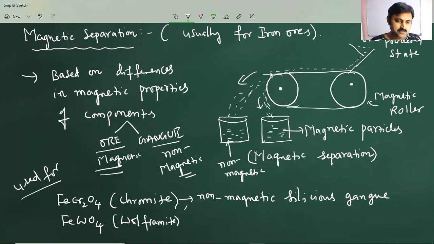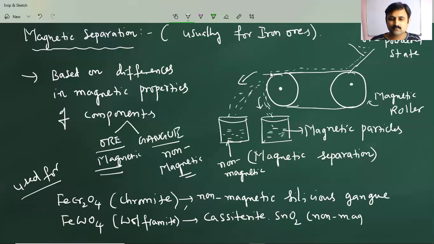In this one, cassiterite is the non-magnetic impurity present. Cassiterite, nothing but tin stone, is a non-magnetic impurity present. So that is gangue particles.